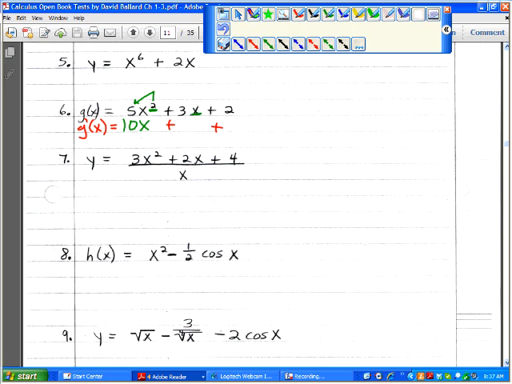The derivative of x is 1. The coefficient rule says you take the coefficient times the derivative. So 3 times 1 is 3. And the derivative of a constant is 0. So g prime of x simplifies to 10x plus 3. Any questions on number 6?